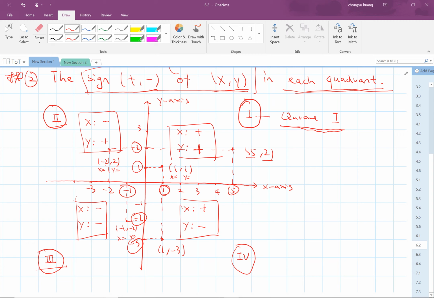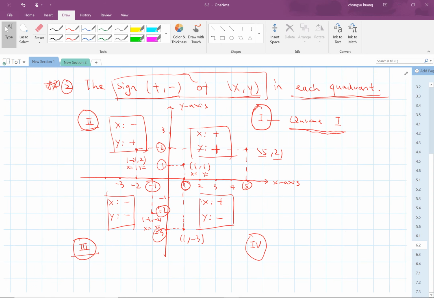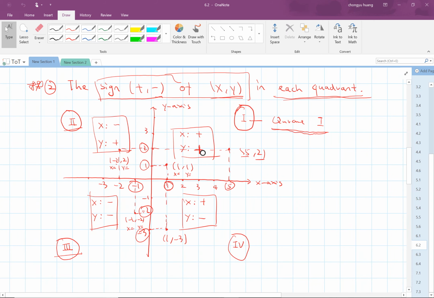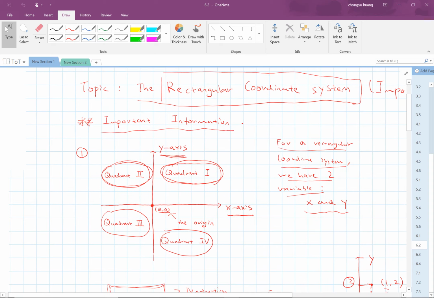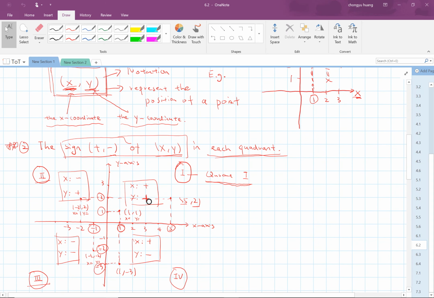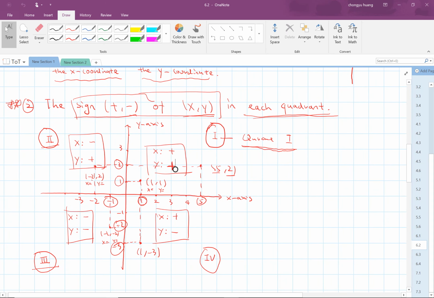Okay, so that's basically all the information I want to tell you about the rectangular system.